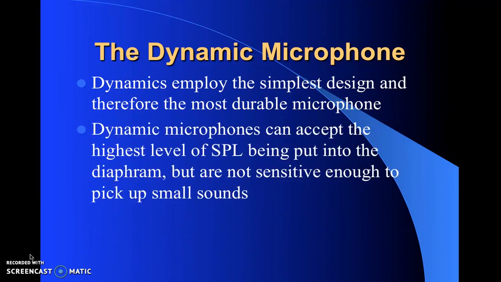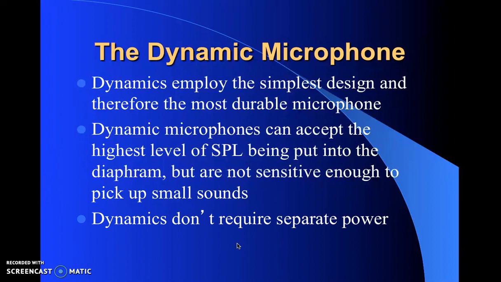The thing about dynamic mics is they can accept the highest level of SPL, or sound pressure level. So they don't really pick up super quiet sounds. They're going to pick up the sounds that are loud enough to deliberately be picked up. So you won't necessarily see them in the recording studio. Probably more in a live setting would be my primary suggestion for a dynamic microphone.